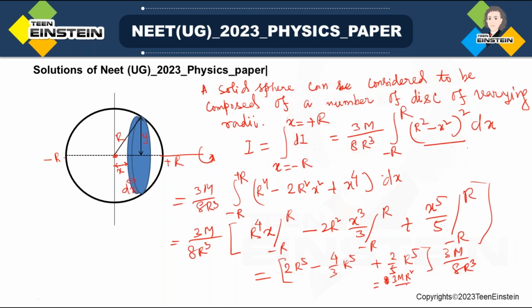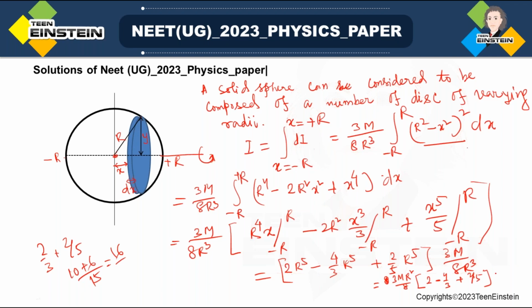Here, if this is actually becoming 3MR square by 8, and here you have 2, then 4 by 3 plus 2 over 5. So in this case, this will give you 2 by 3 and 2 by 5. So 2 by 3 plus 2 by 5, so this is 16 by 15.